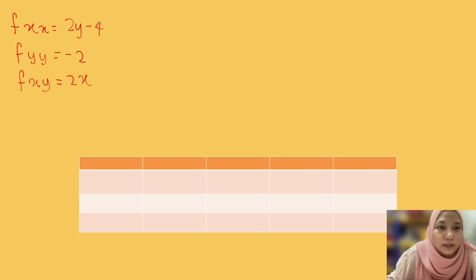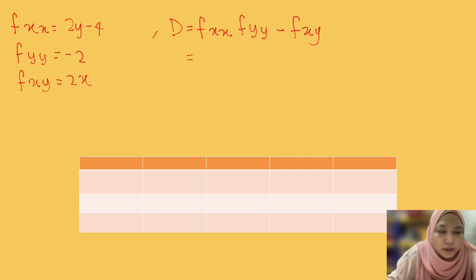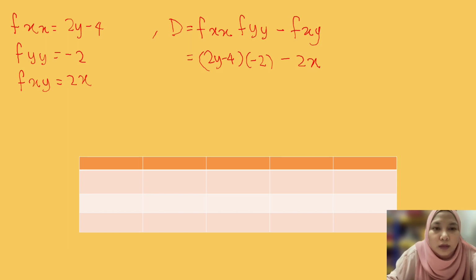Okay, so now we will use this formula to identify the nature of the critical point: D equals fxx times fyy minus fxy squared. So from here our fxx is 2y minus 4, our fyy is negative 2, minus with 2x. So we will substitute our critical point inside this formula, and then the answer we will put inside this table, as the conclusion.